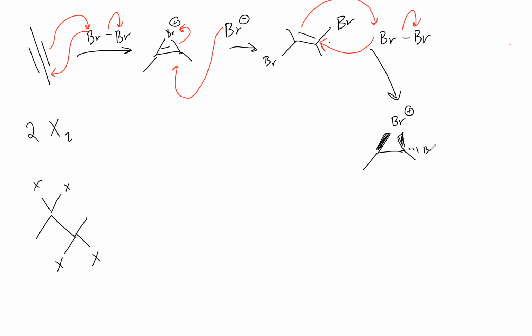And then our negative Br, again, is going to attack this one right here, and we finally end up with our tetrahalide.